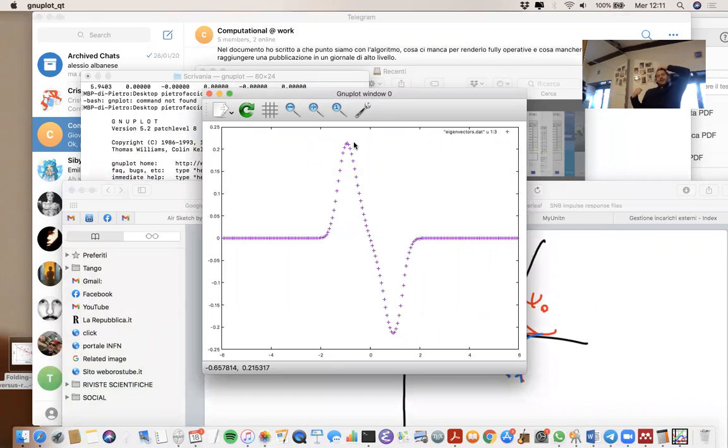So you can be even quantitative by plugging in the numbers and doing the integrals, and then you can really match these numbers with the ones that we calculated numerically.